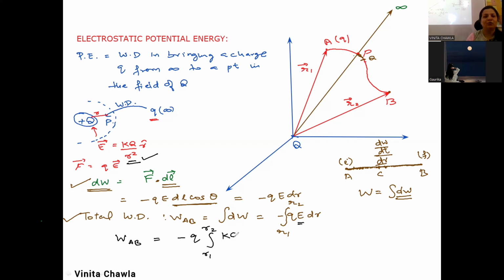Here we'll write KQ by R square dr. See, we have dr here and this R square here. Okay, so K and Q, they are constant. So we can write them outside this integration. And in this integration, we'll have 1 upon R square dr. Okay.